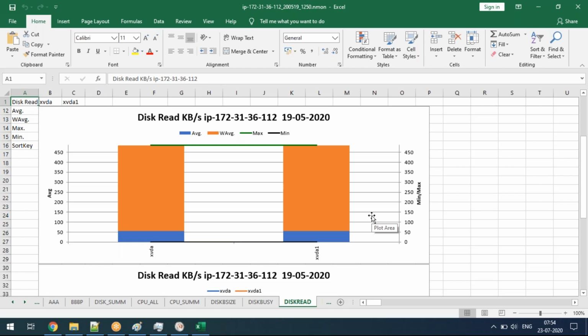Dynatrace is an end-to-end application performance management tool. There are concepts like OneAgent. You have to install it in your app server or DB server, and you are going to do the monitoring with respect to DB, with respect to network.